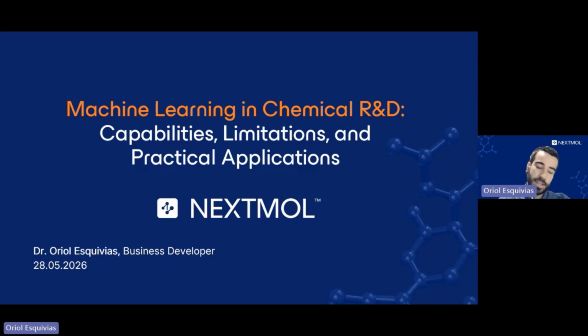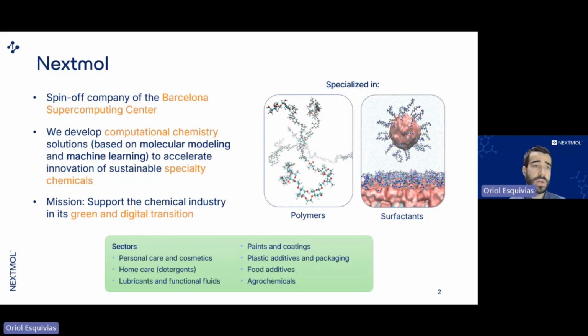Today, I'm going to talk, as Javier mentioned, about machine learning in chemical R&D, and I want to mention that this will be an introductory talk on machine learning, and I will make simplifications because my objective here is to give basic concepts of machine learning and how to apply it in chemical R&D. So first, to give you a bit of context, I want to make a brief introduction of Nextmol.